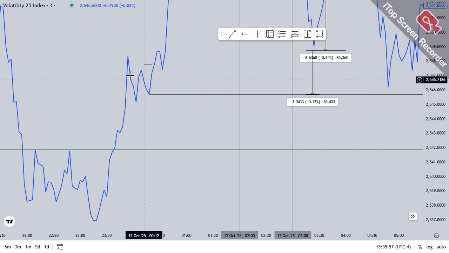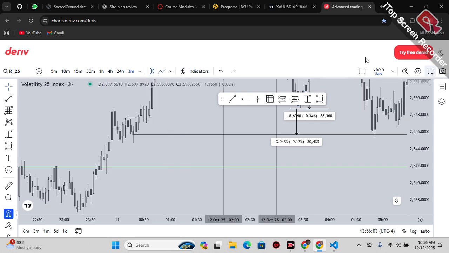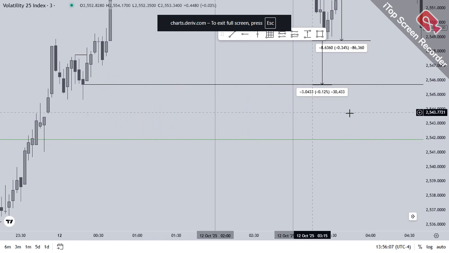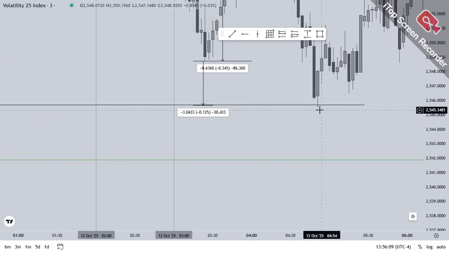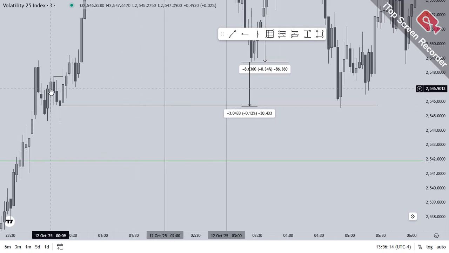So we have 3 aligning with this V shape. This will be our liquidity, and this is our break of structure. So everything was just giving me reasons to take a buy. So you can see that we have that tap right there. So this candle broke this high, as you can see from the body.